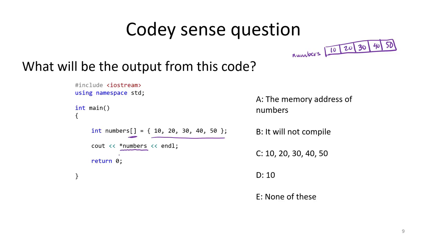All right, well, the key thing to remember with this CodeSense question is, what data does the name of an array hold? You might remember from our array lectures that the name of an array stores the memory address of the very first element, or element 0.